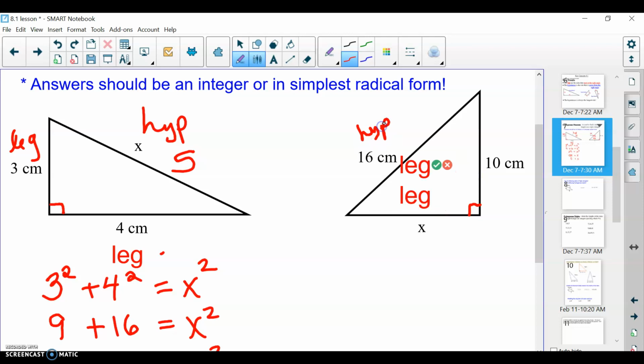The side across from the 90 is our hypotenuse, or the longest side. So when I go to do my Pythagorean theorem on this one, again, remember it's leg squared plus leg squared. I can start either with the 10 or the x, it doesn't matter. I'm going to start with the 10. So 10 squared plus x squared equals 16 squared.